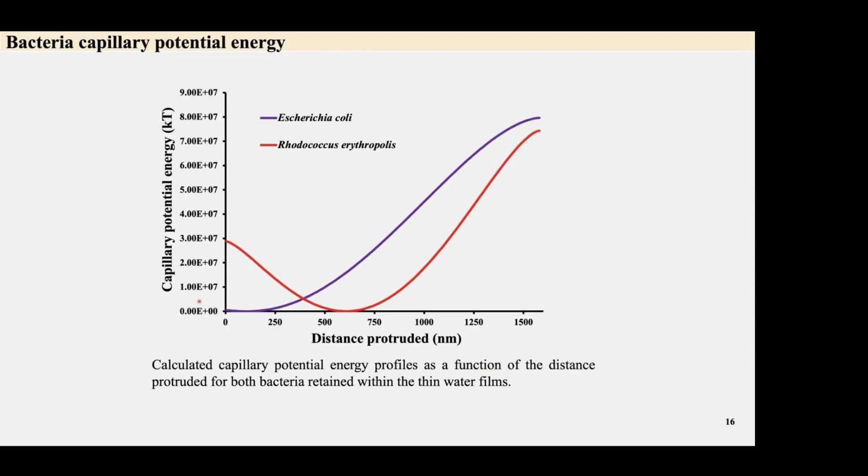We also calculated capillary potential energy profiles for each bacterium, and we found that at distances less than 395 or 400, I would say, Rhodococcus can be trapped in the water films, but later on, at larger distances, say larger than 400, E. coli was retained, and very likely Rhodococcus was released.